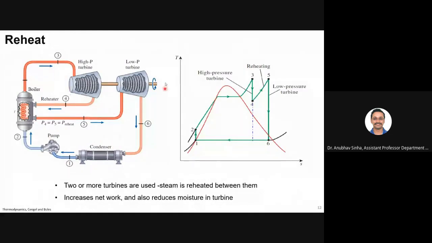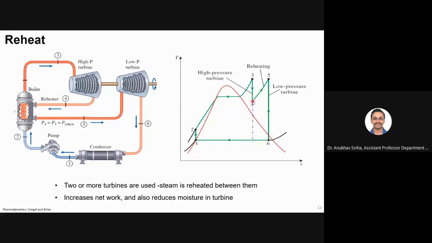Now if you draw this in a TS plot, this is how it will look. You went from 1 to 2, and from 2 to 3 you are in the boiler. Now from 3 to 4, this is the first turbine, the high pressure turbine. Once you have expanded here, if you don't have reheat, you will come down like this. You will follow this dotted line, right?